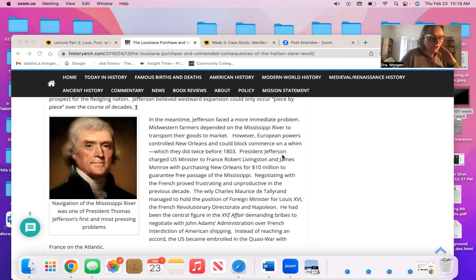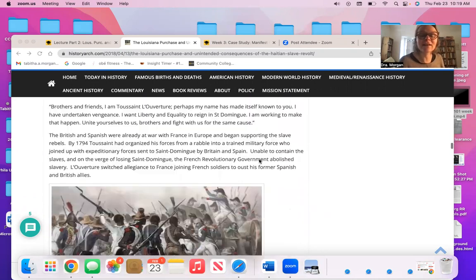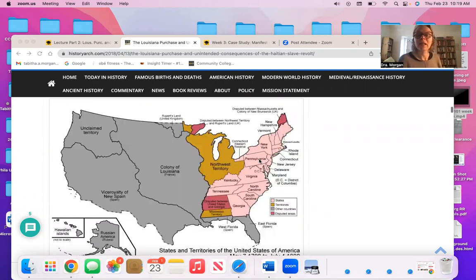Or Creole, a combination of French. And who owns the rest of the bottom? Who owns Florida? Who owns what's now our Southwest? Who owns Mexico at the time? Spain, right? Where's the map? There we go. It is owned by Spain.